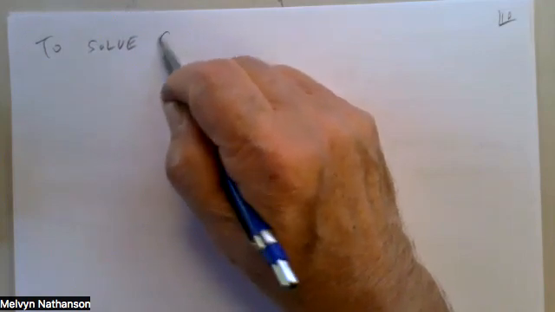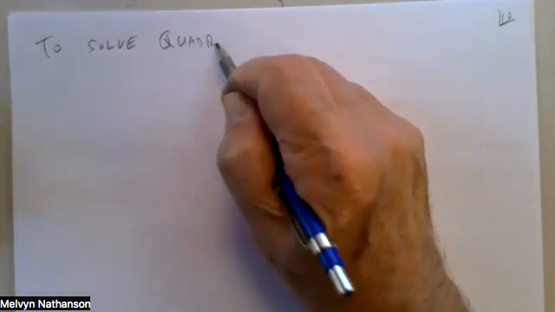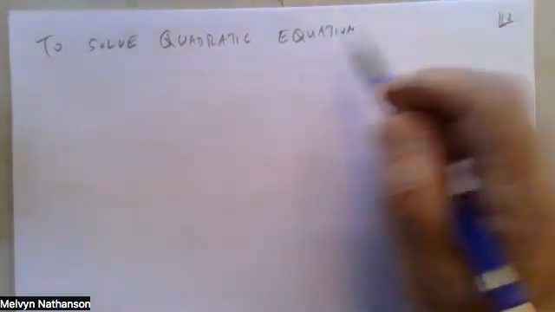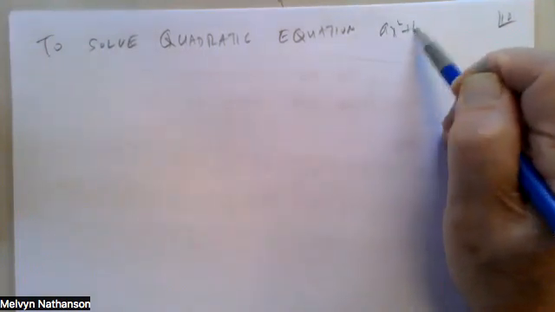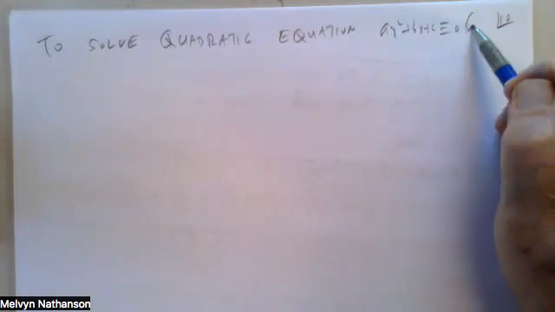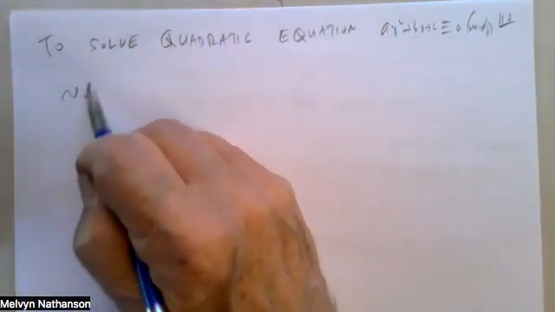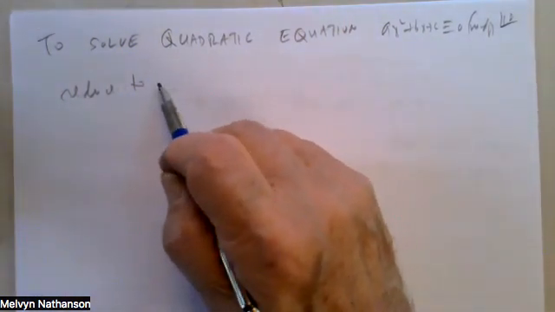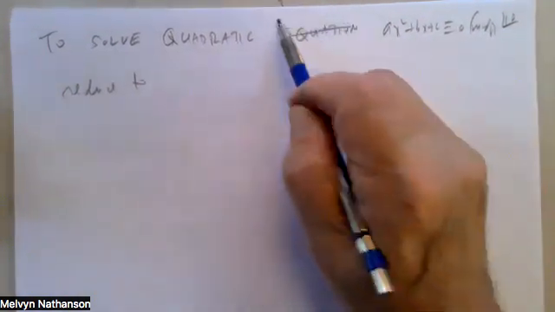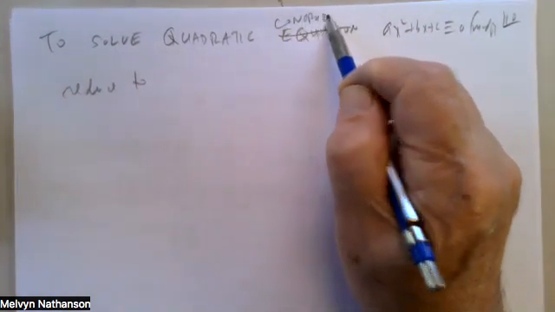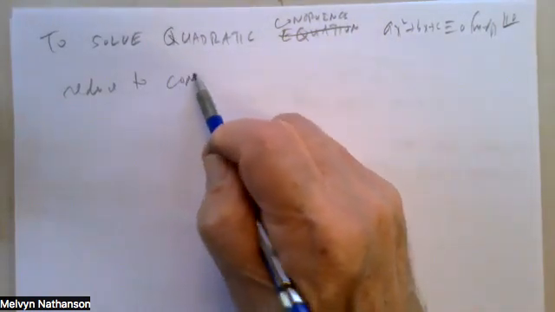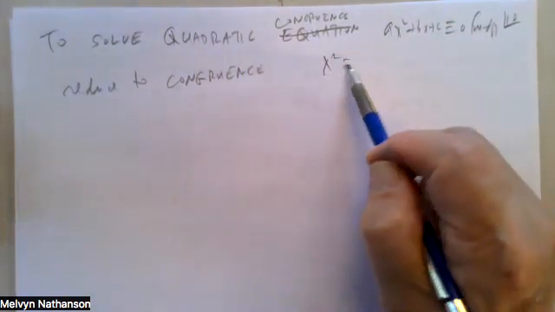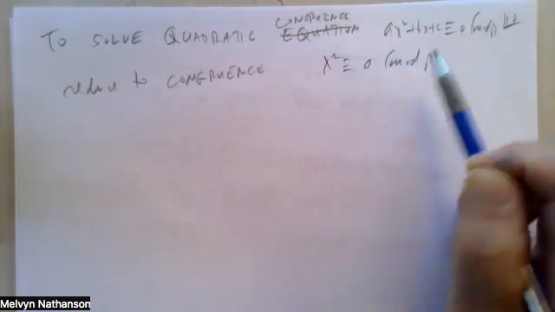To solve a quadratic equation, ax squared plus bx plus c congruent to 0 mod prime, you can always reduce it to a congruence of the simpler form, x squared congruent to a mod p.